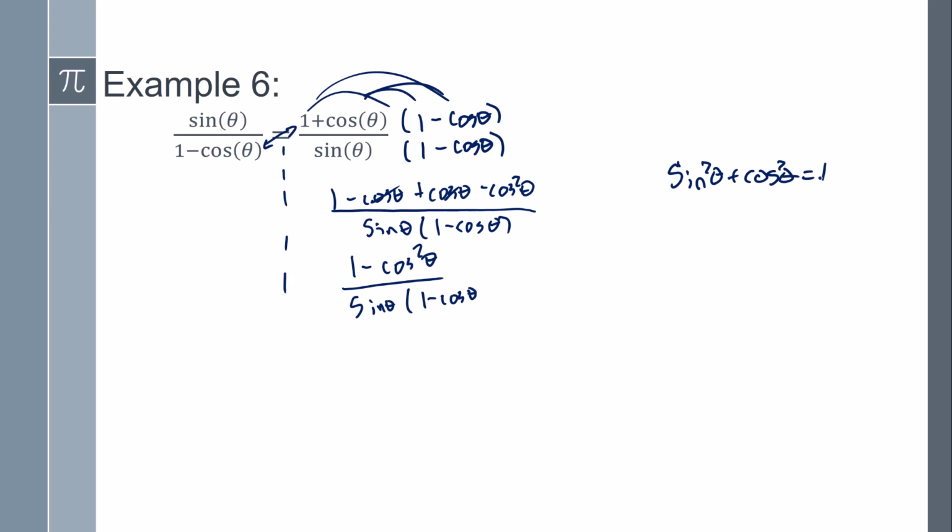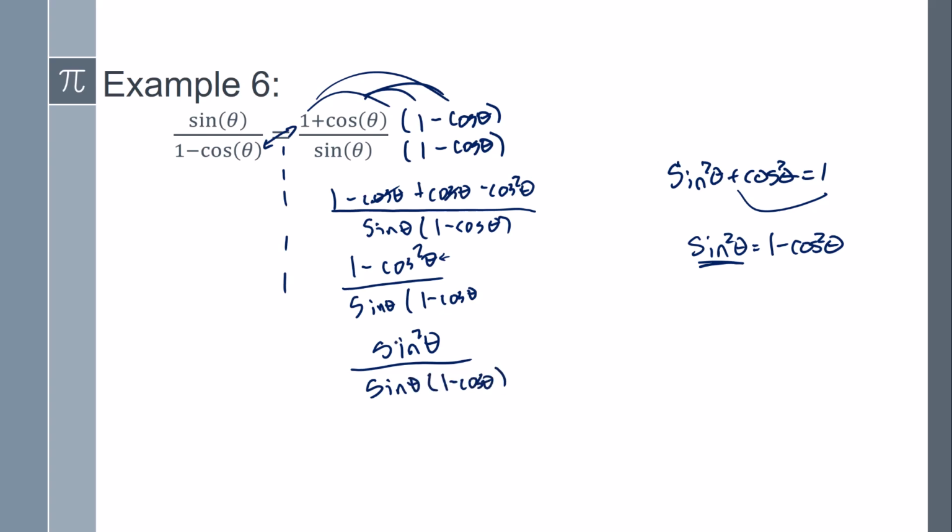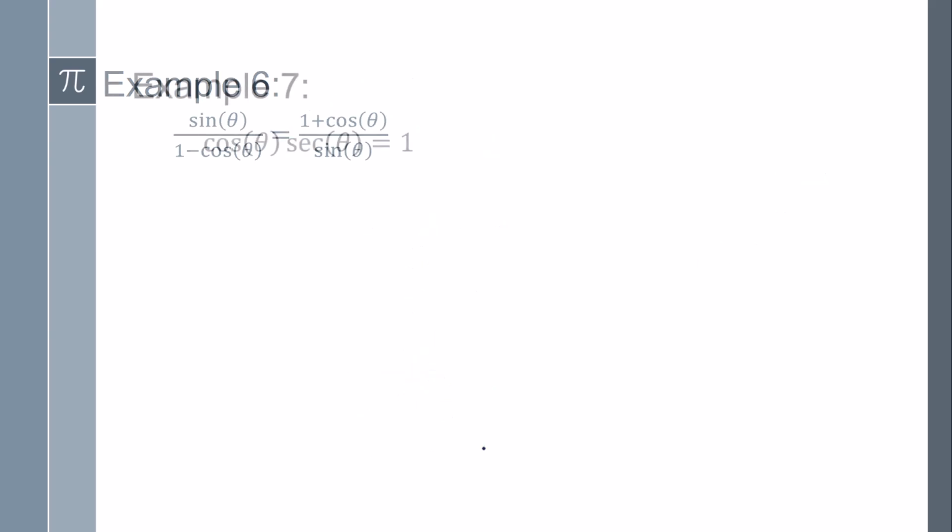So how do I get 1 minus cosine squared on the same side? I'm going to subtract that. So I know that sine squared theta equals 1 minus cosine squared theta. And so that I'm going to substitute in. And now I know the sines are going to cancel out. There you go. Now they're the same.